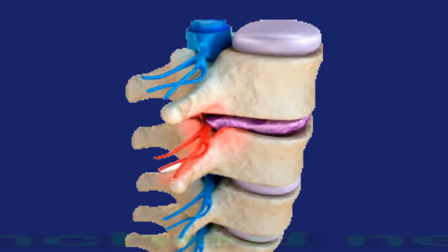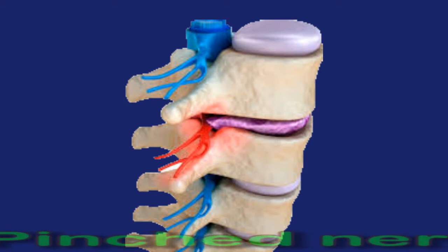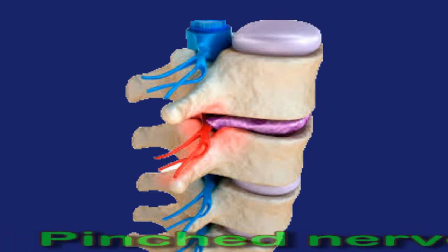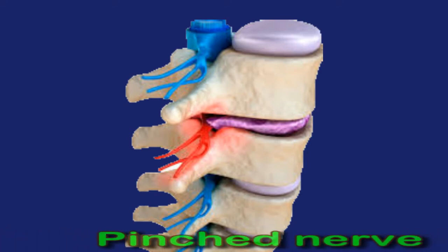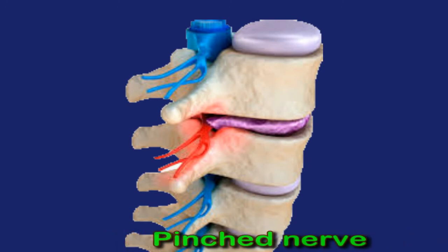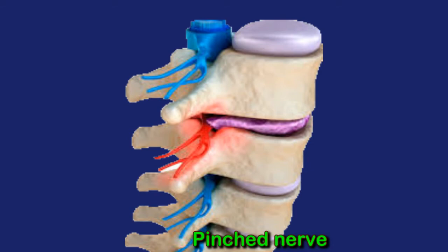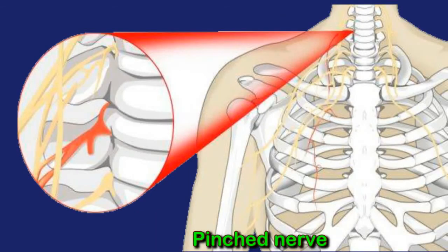Pinched nerve. A pinched nerve or cervical radiculopathy occurs when something presses against and irritates a nerve located in the neck. This may stem from changes that occur in the spine as a person ages.